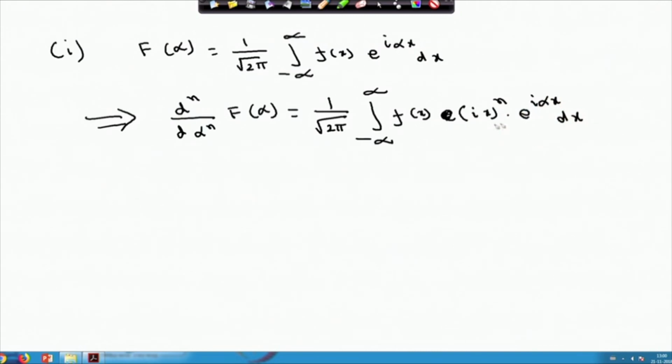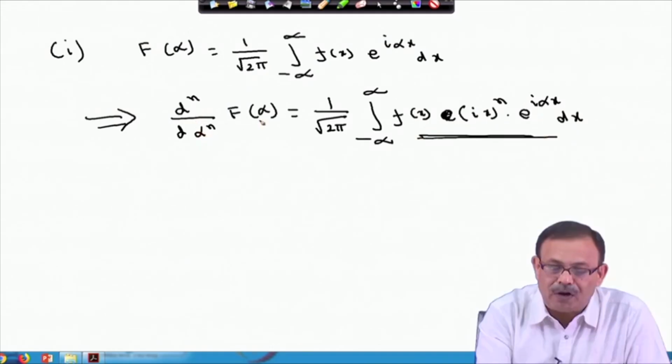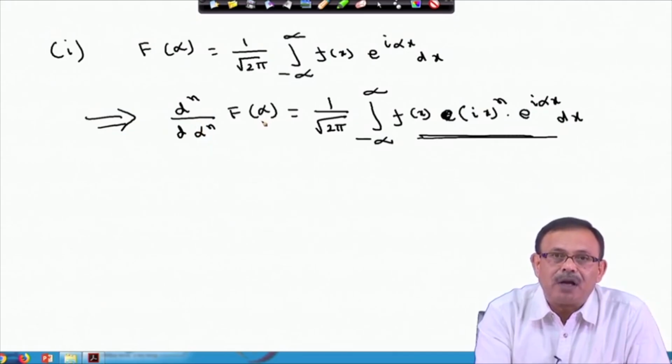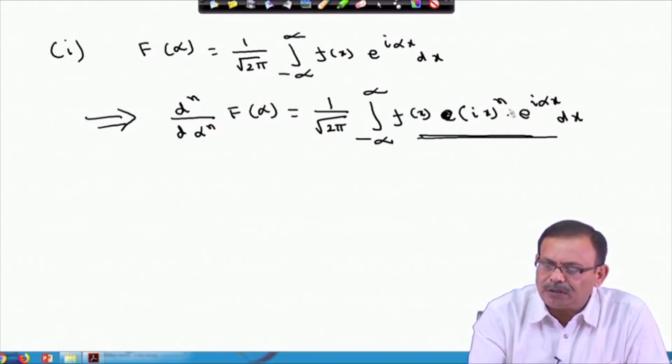In other words, this term I have written directly, otherwise I would have to show d by d alpha of F(alpha), and from there d square by d alpha square. This type of thing we have done for the case of Laplace transform, so I am writing directly, because internally you are making the derivative inside, differentiation under the sign of integration.